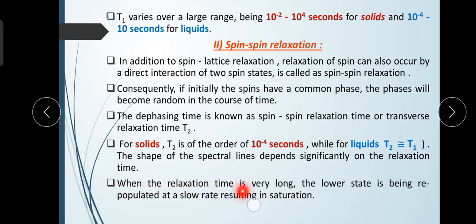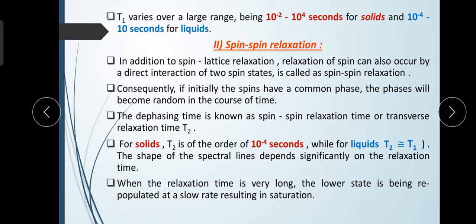When the relaxation time is very long, the lower state is repopulated at a slow rate, resulting in saturation. That means if the relaxation time is very long, there is a long time for the relaxation, or a long time for the transfer of energy.